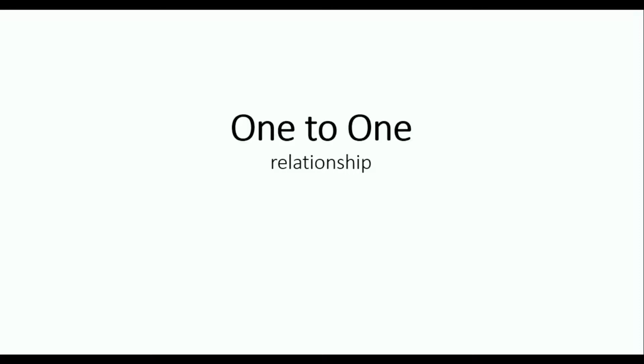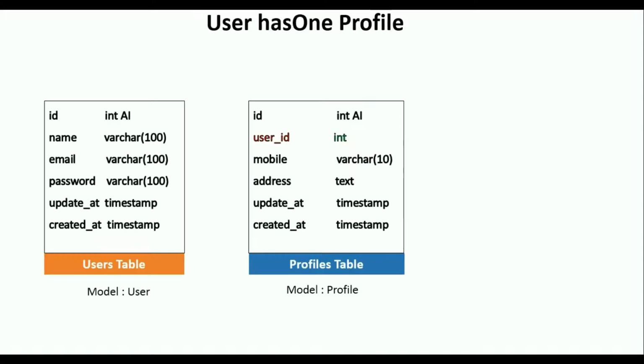The one-to-one relationship in Laravel. So the first step: I have two tables, users table, the model is User, and this users table has ID, name, email, password, updated_at and created_at, two fields already generated by default by Laravel.